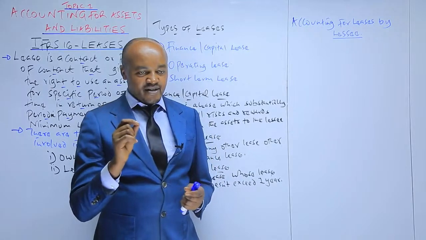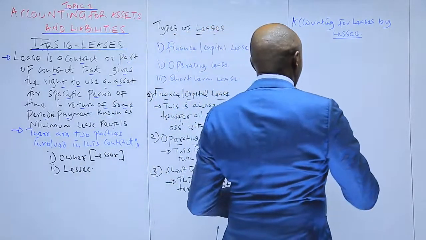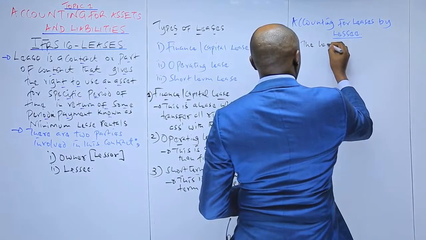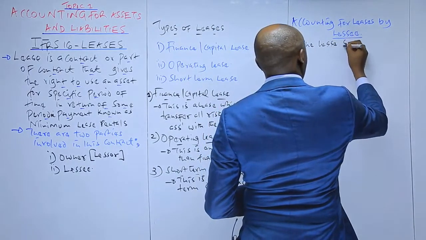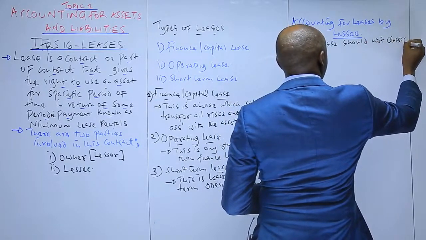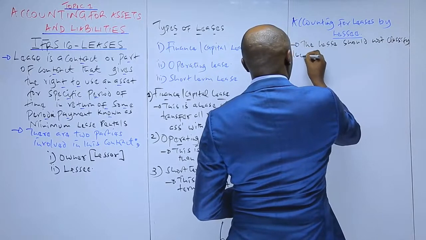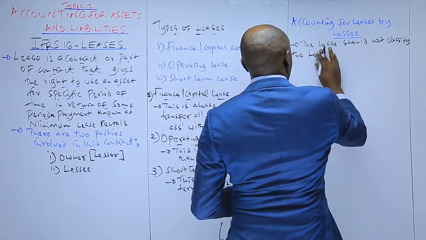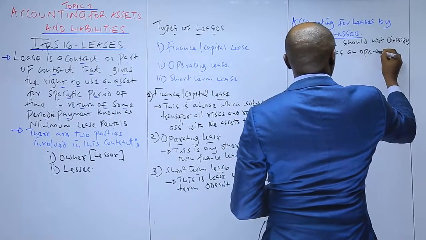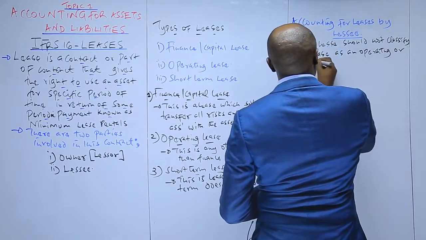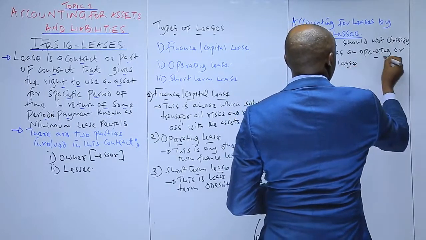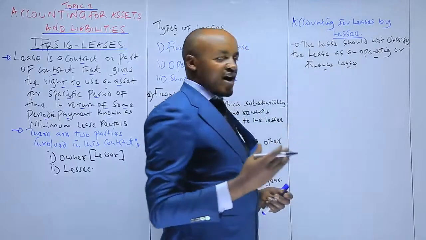So that is the first important point, that the lessee should not classify a lease contract as an operating or finance lease. This is a requirement of IFRS 16.